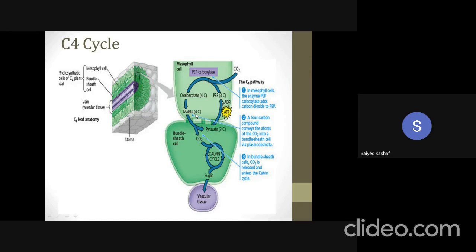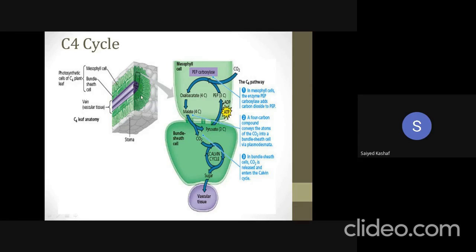These particularly large cells around the vascular bundle we have already discussed in the anatomical structure of the leaf. We know the exact location where these bundle sheath cells are present, and they are very far from the stomata. These particularly large cells around the vascular bundles of the C4 plant are known as bundle sheath cells.